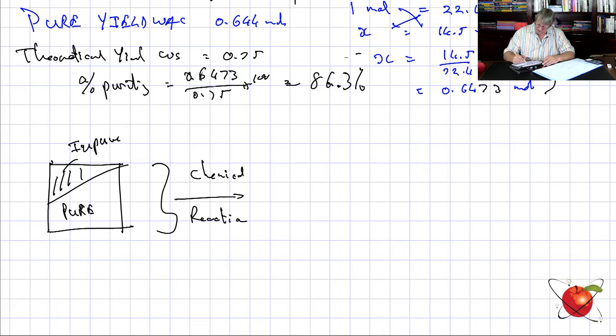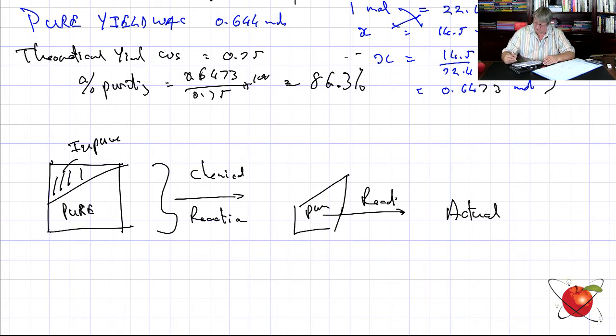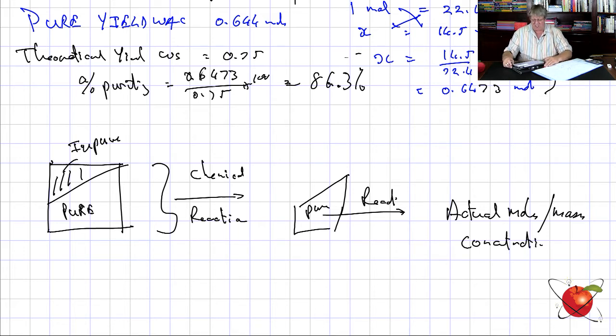So the pure piece is going to react and give us actual moles or masses or concentrations, isn't it? That's the pure stuff giving us the actual, right? Because that's what we got.